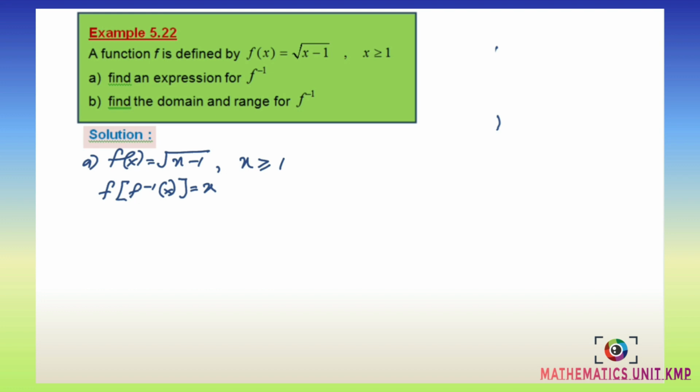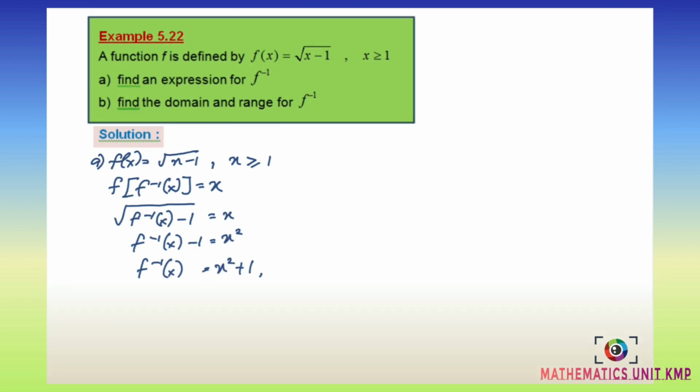Now, the input of f(x) is f inverse. The square root of f inverse minus 1 equals x. f inverse x minus 1 equals x squared, and f inverse x. To state the value of x, we can refer to the function, x greater than or equal to 1.